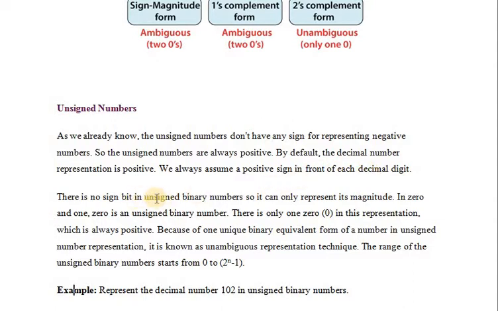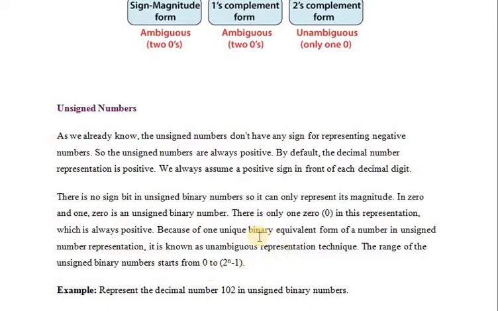There is no sign bit in an unsigned binary number, so it is represented in magnitude, in 0 and 1. 0 is an unsigned binary number. There is only one 0 in this representation, which is always positive, because there is one unique binary equivalent for a number. The range of the unsigned binary number is from 0 to 2^n minus 1. So that is unsigned binary numbers.